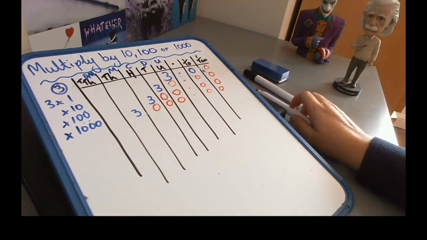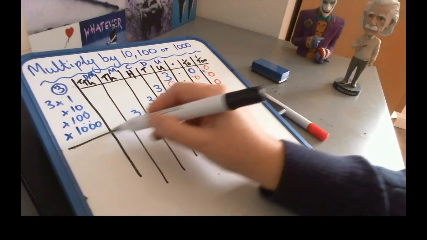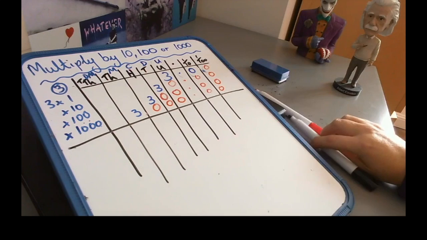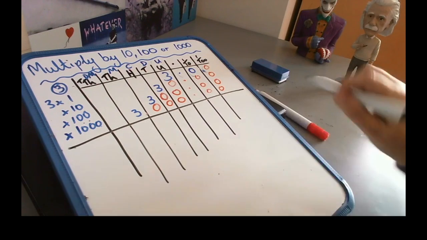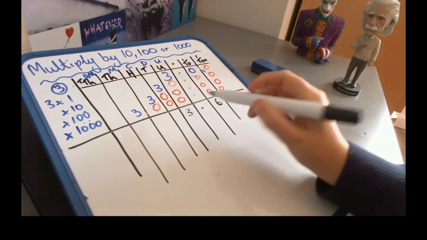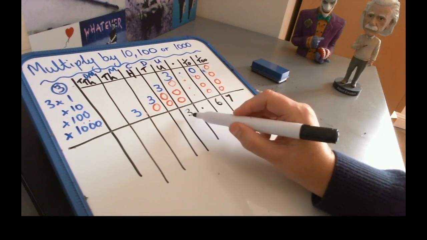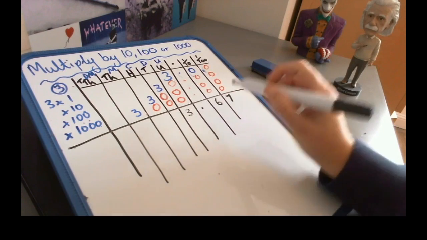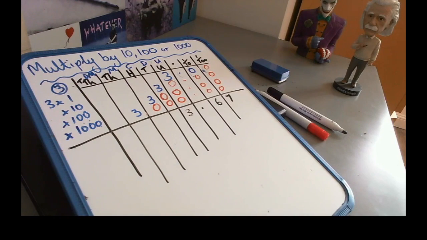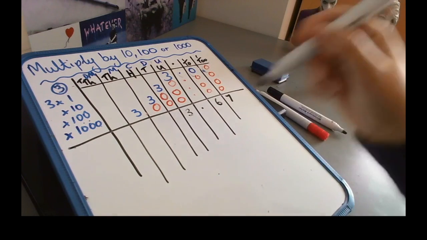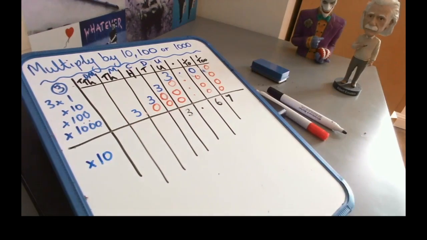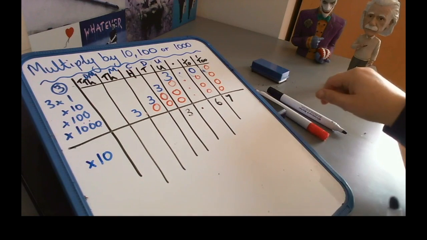Okay, so now we're going to do it a little bit more complicated, and we're going to put in a number such as 3.67. So imagine we've got, what is 3.67 litres in millilitres? So we would start multiplying it out. Let's just do it by 10 to begin with, so you can see the pattern.